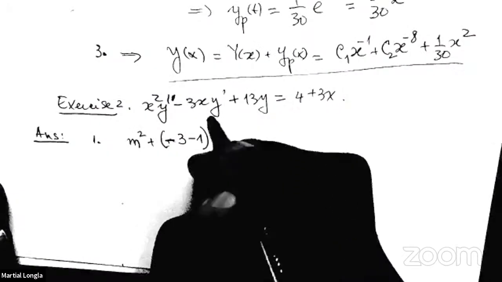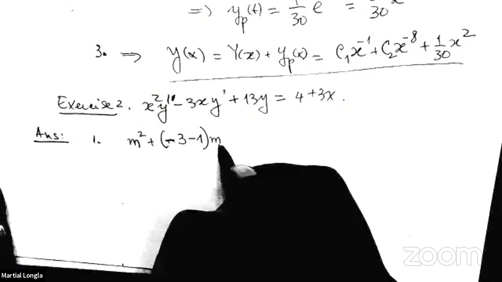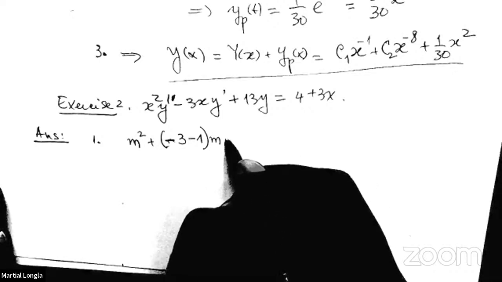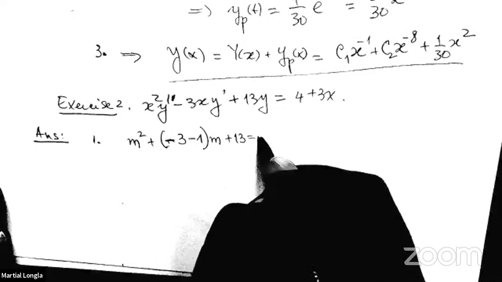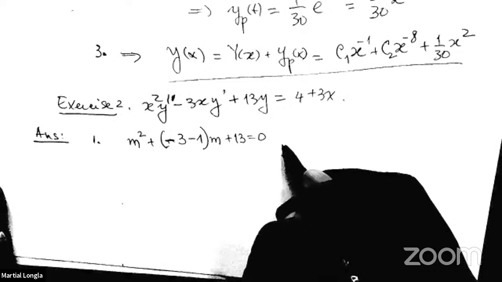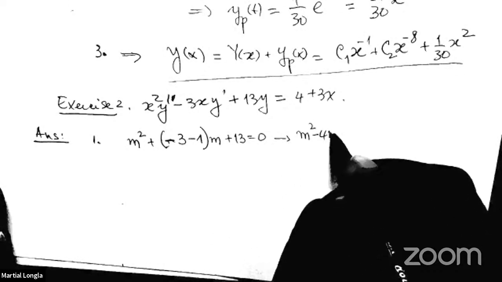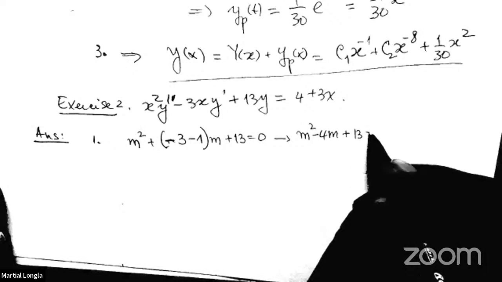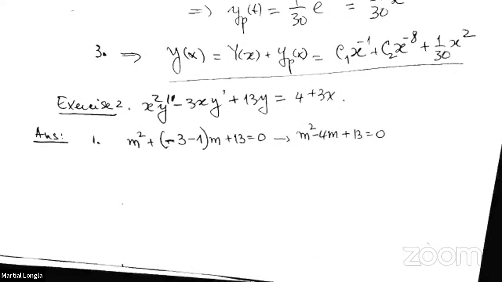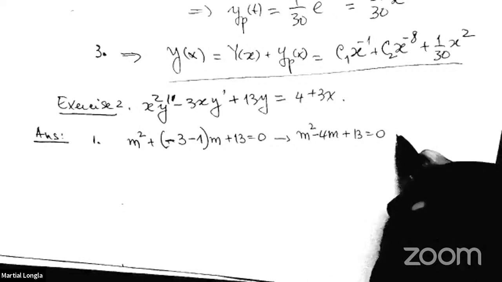All right, and then plus 13 equals 0. So that's m squared minus 4m plus 13 equals 0. So what are the values of m that you get?